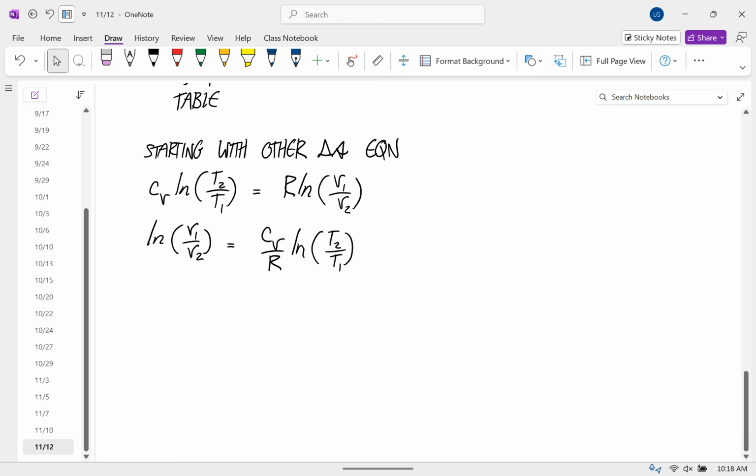And then raise both sides as powers of e. So you get e to the natural log of V1 over V2 is equal to e to the power of Cv over R natural log of T2 over T1.